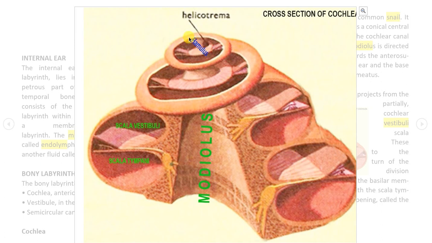So now we want to understand these two words, hamulus and helicotrema. The hamulus is a pointed bony part from which our scala vestibuli will become continuous with scala tympani. The word hamulus means a pointed pulley-like structure. You have the same word in the pterygoid hamulus, which is near the medial and lateral pterygoid plates at the base of the skull.